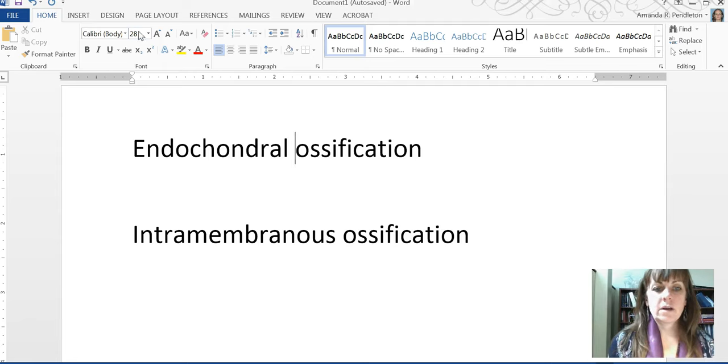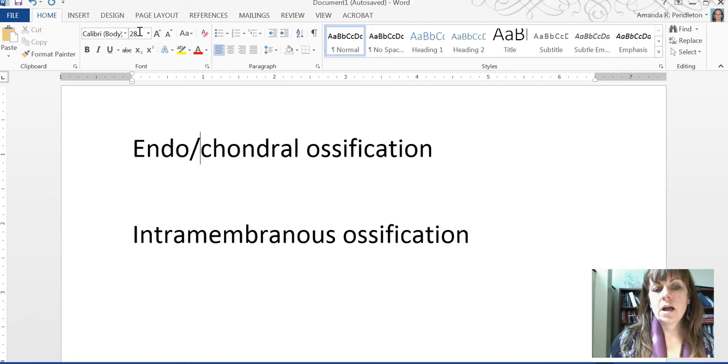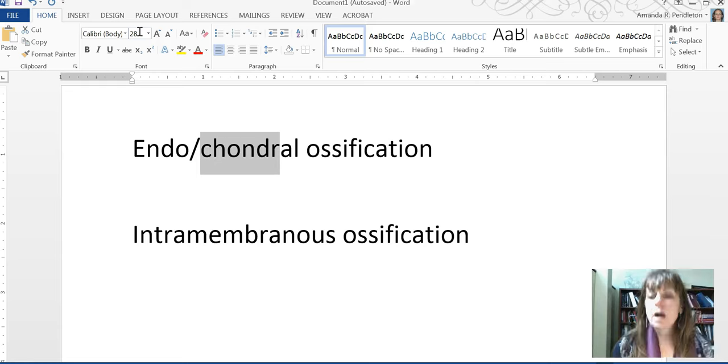Okay, so first of all, we have endo and then chondral. Well, we know chondra has something to do with cartilage, and endo means inside. So let me write these here.